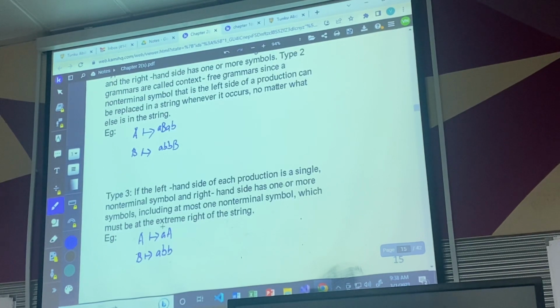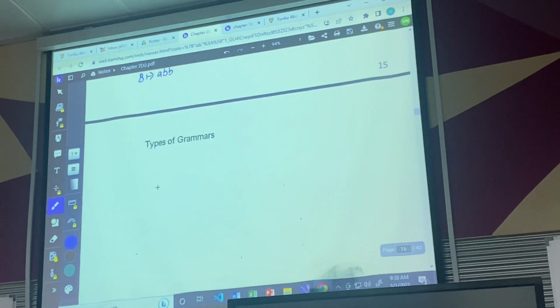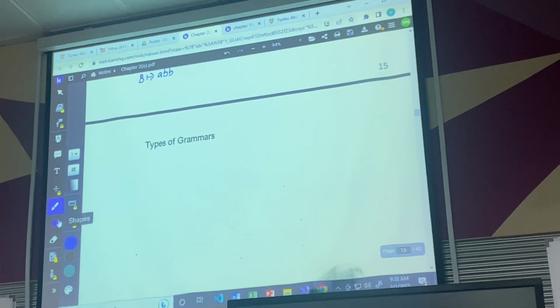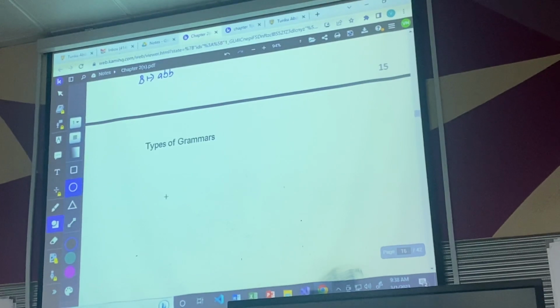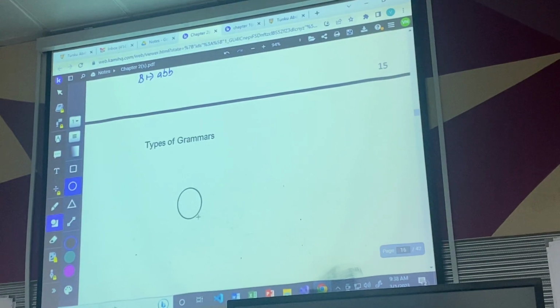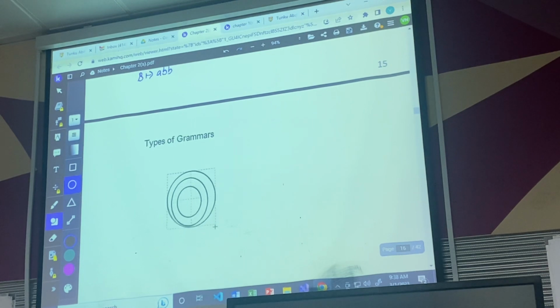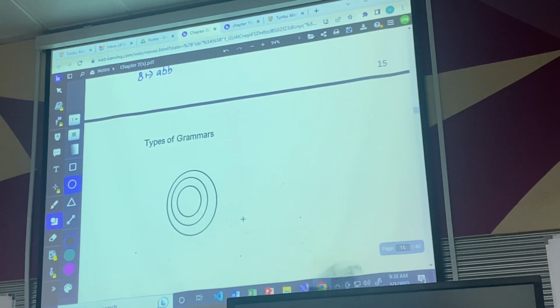So in that case, the subset will apply in the diagram like this. You can draw it like a Venn diagram. Just draw the Venn diagram and then you put the subset inside. So the smallest one will be the type 3.